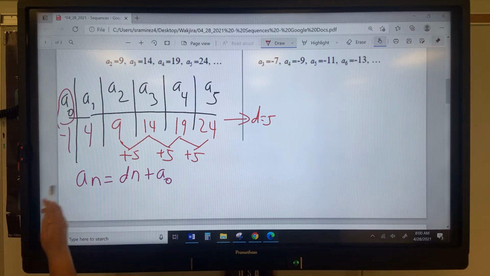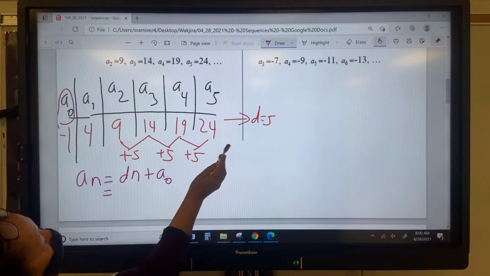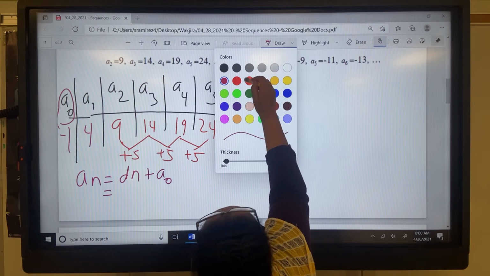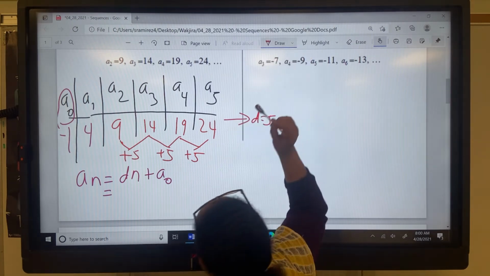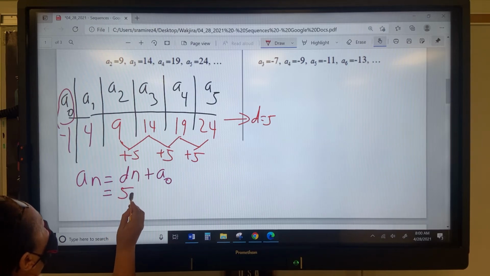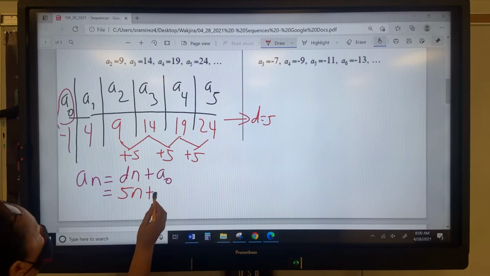We have our D, so it is 5n plus a sub 0, which is minus 1.